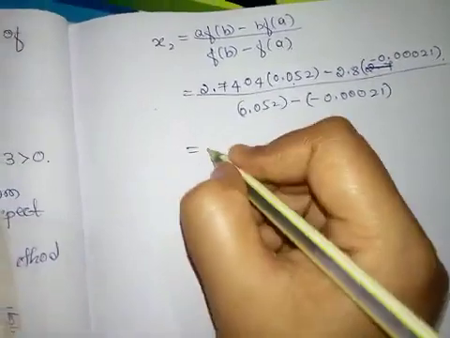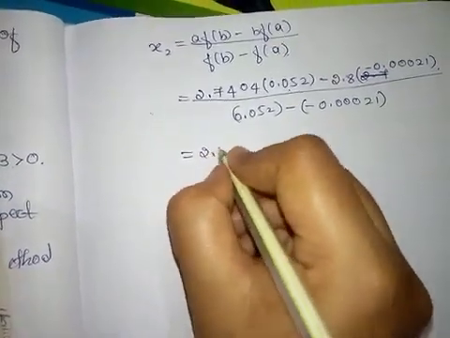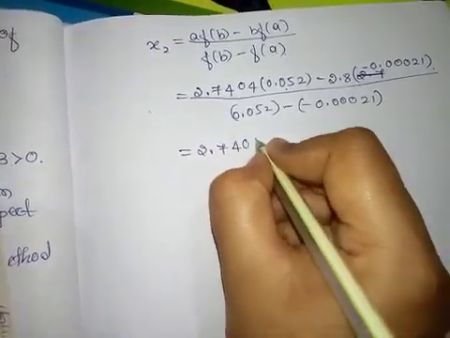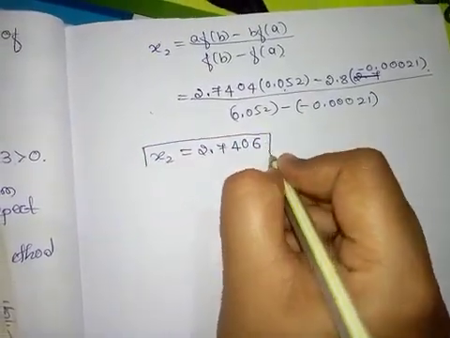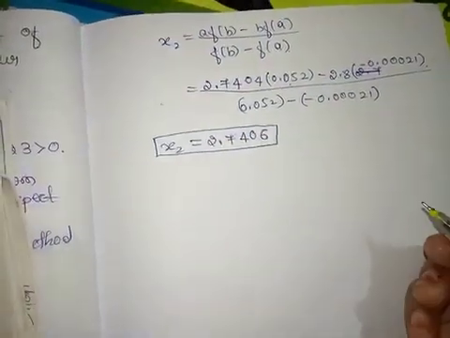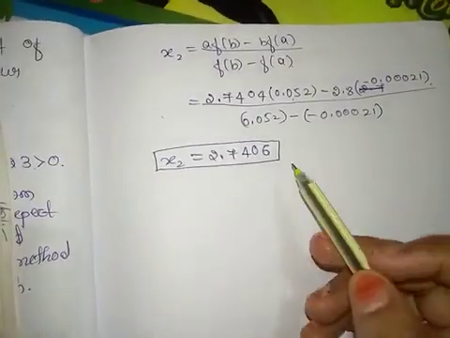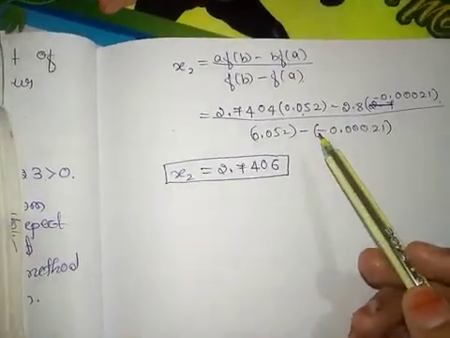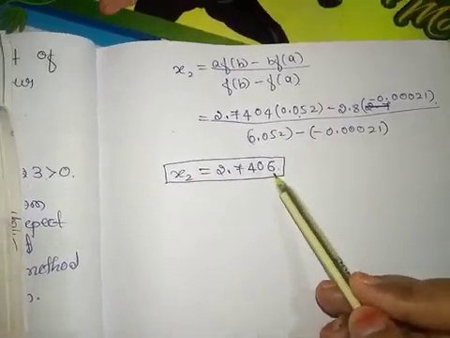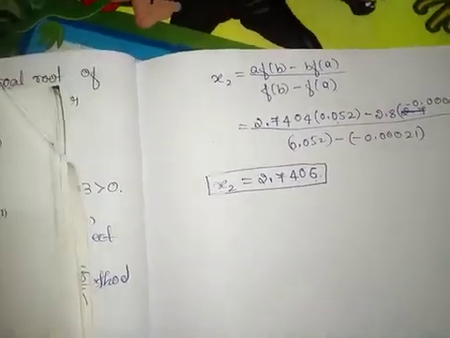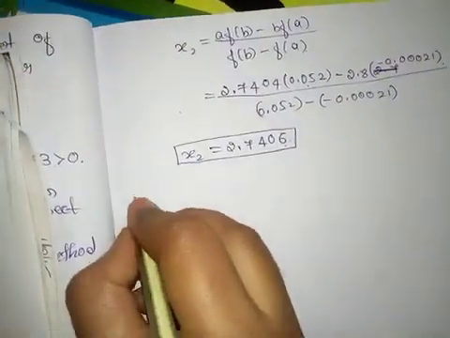Calculate this, we get 2.7406. See, x2 and x1 are not the same up to 4 decimal places, because x1 value is how much? 2.7404. Here we have 2.7406. So that we go for the further steps.